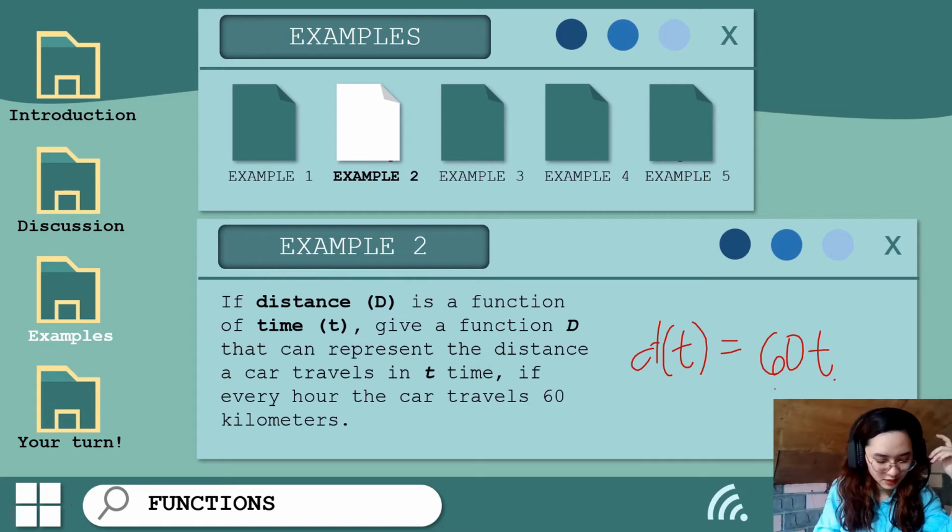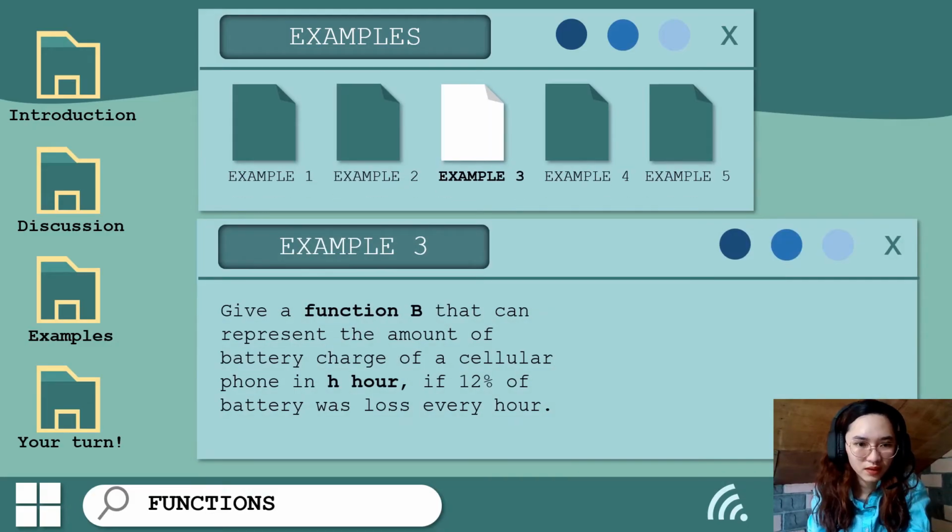Ayan. Example number 3. Give a function b that can represent the amount of battery charge of a cellular phone in each hour, if 12% of the battery was lost every hour.